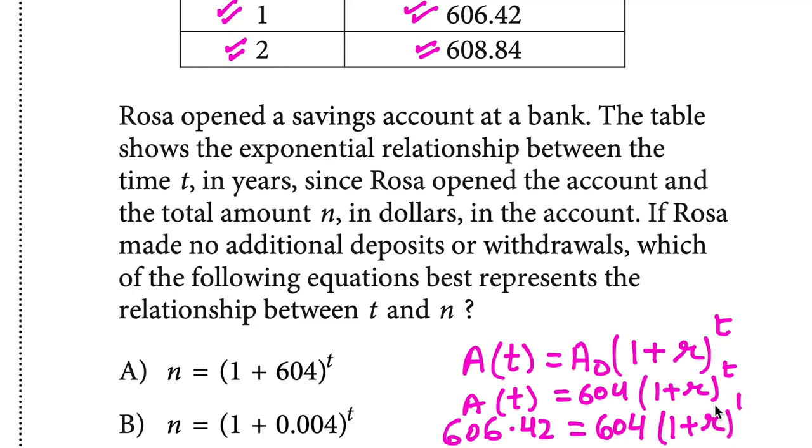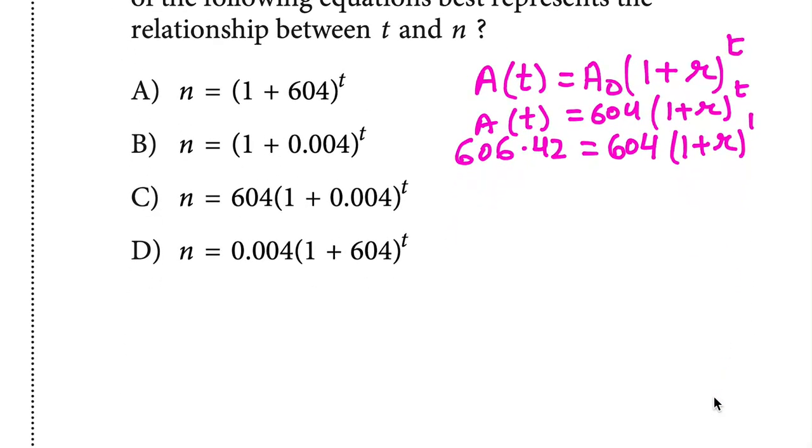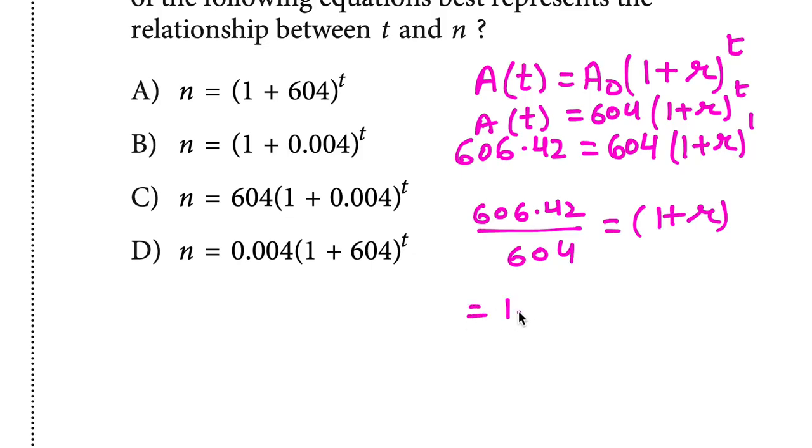So now from this data, we can calculate r by dividing by 604 on both sides, which is equal to 1 plus r. So that is 1.004 is equal to 1 plus r. Subtracting 1 on both sides, we get this.